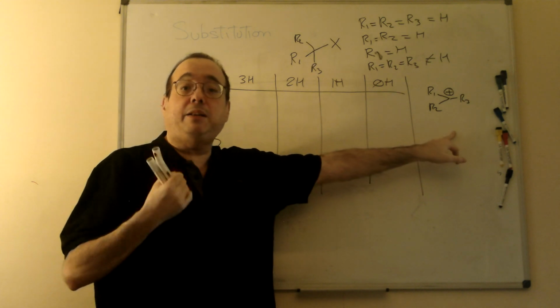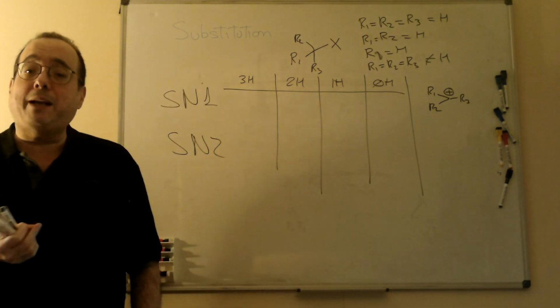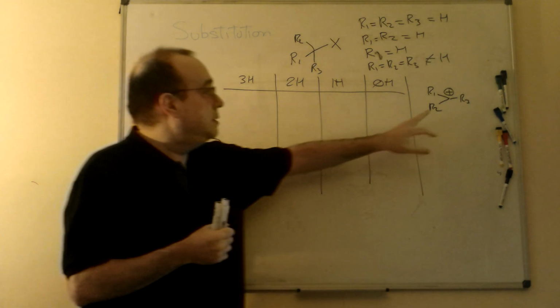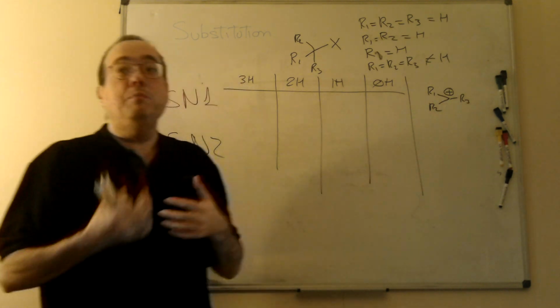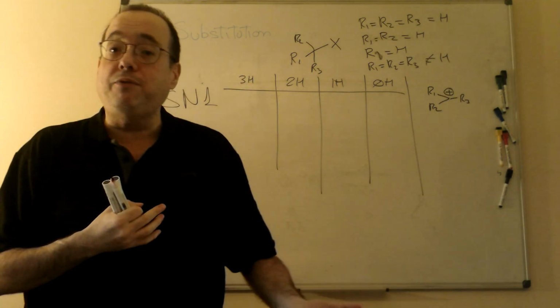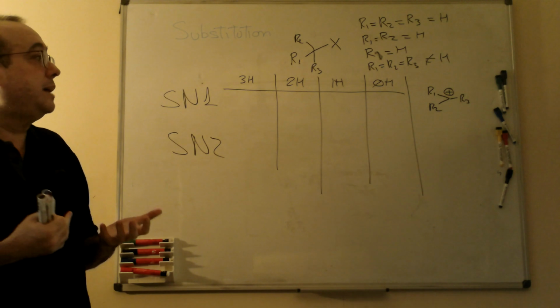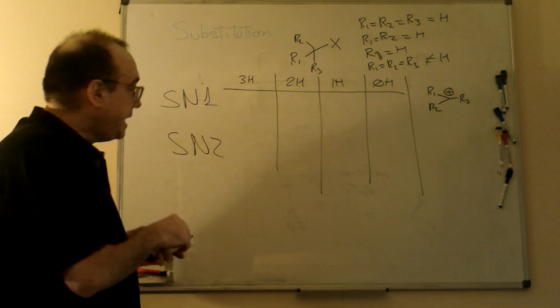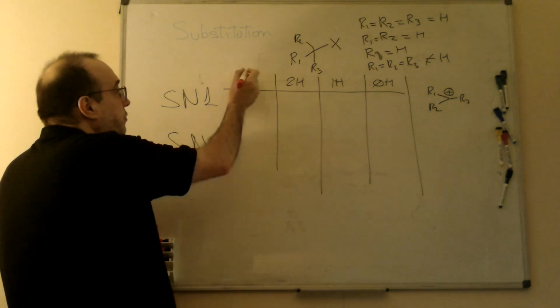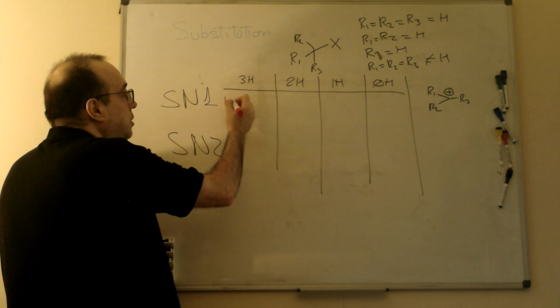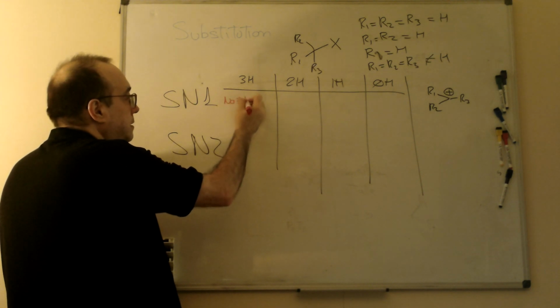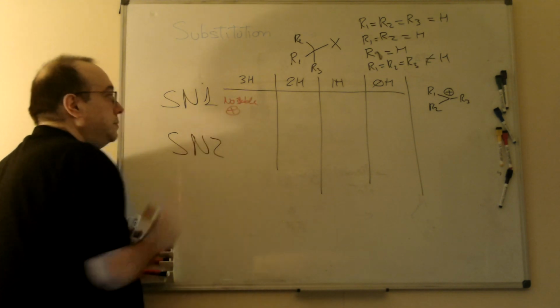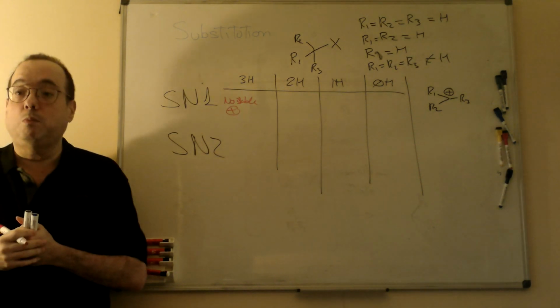We know that the stability of carbocations depends on the substituents. The more carbon substituents we have, the more stable the carbocation is. That means, in this case, with three hydrogens, there is no stable carbocation. Why?